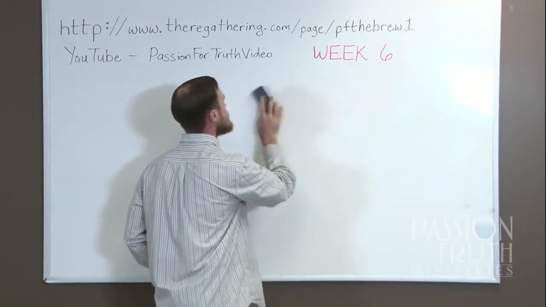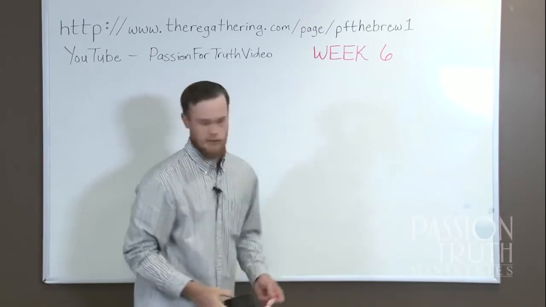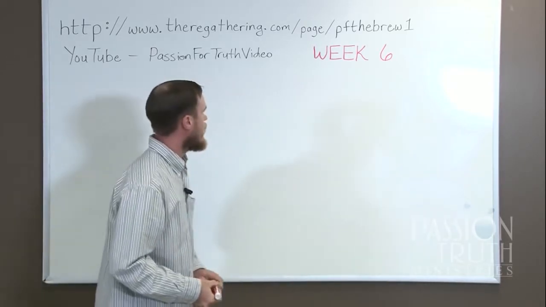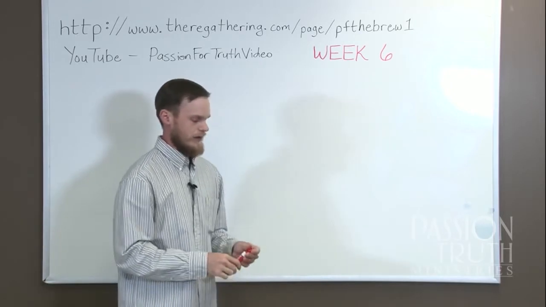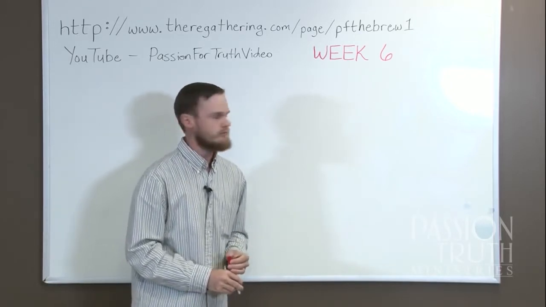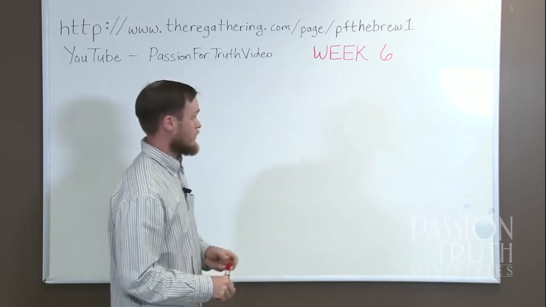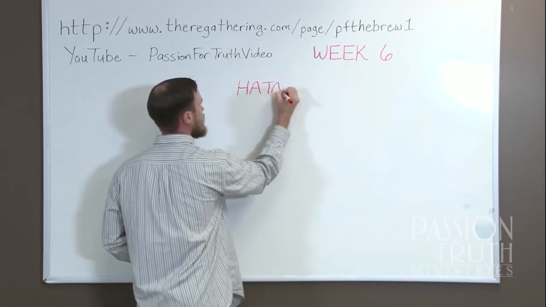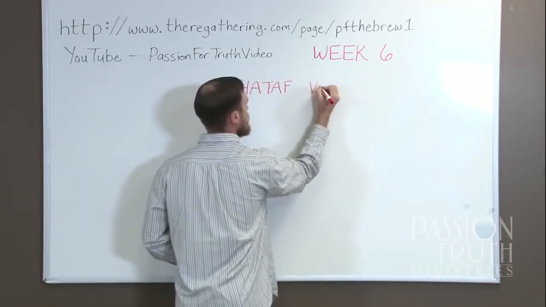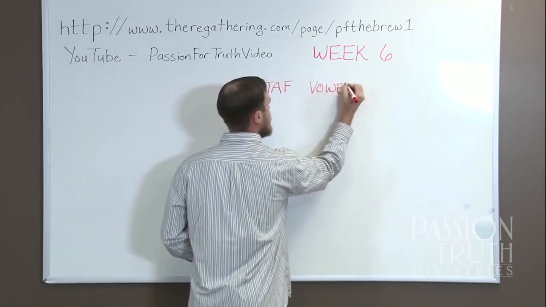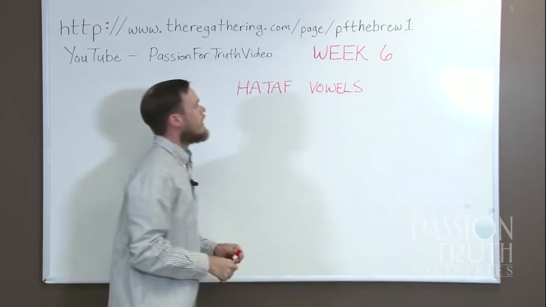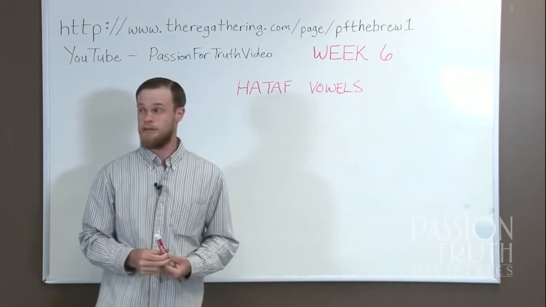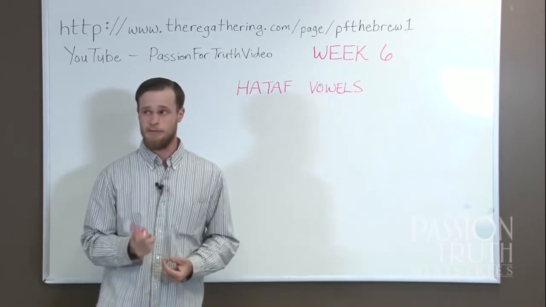Now there is a special class of vowel that I want to talk about today as well, and these are called the chataf vowels. There are exactly 3 of them. And I believe actually I need to cover the shva first, because if I haven't covered the shva, then I've done this out of order.